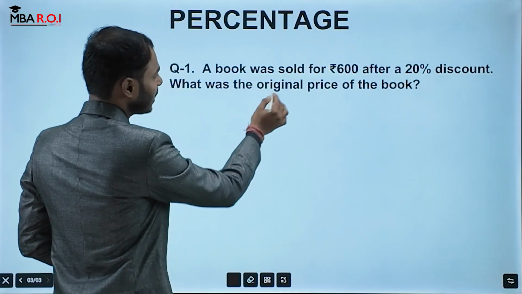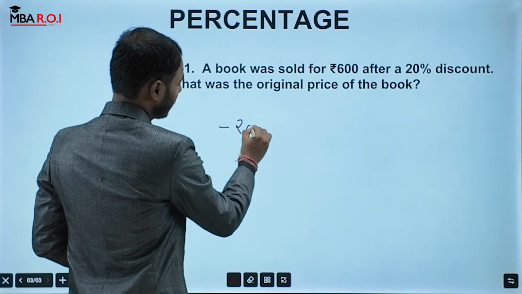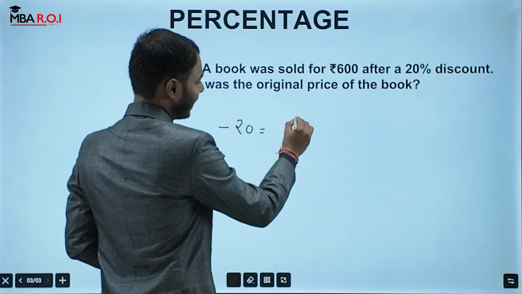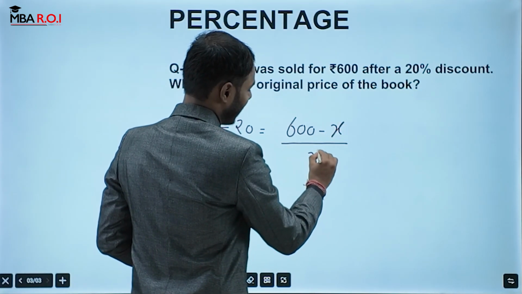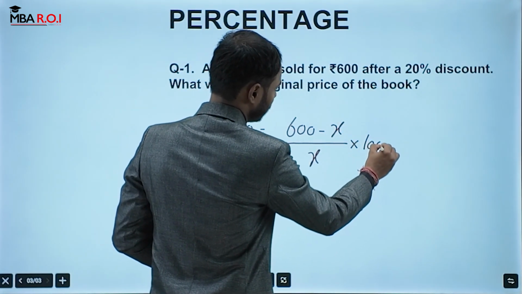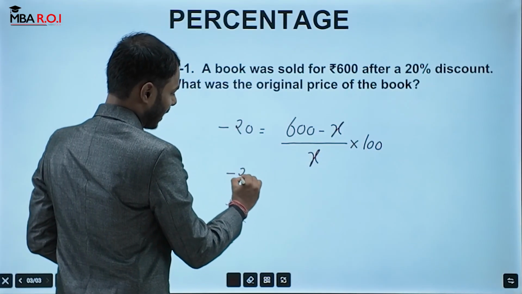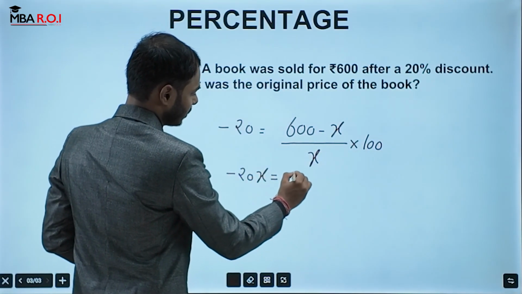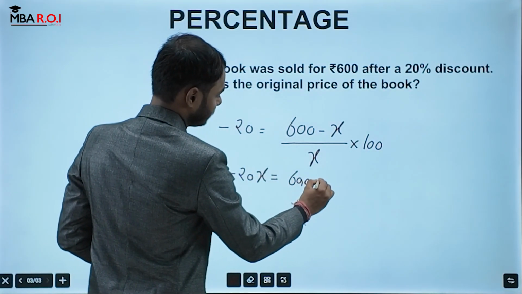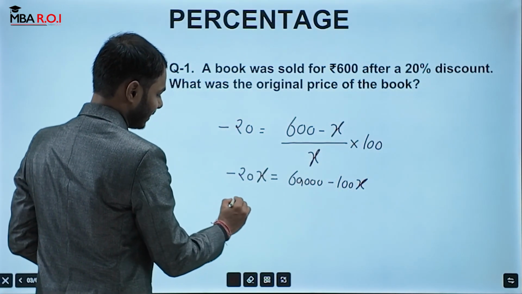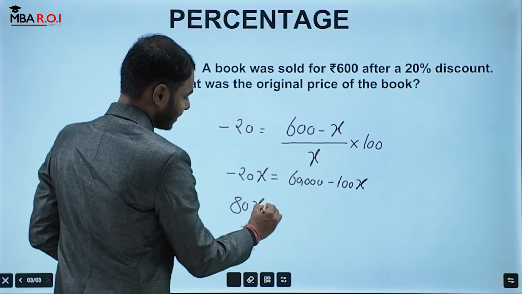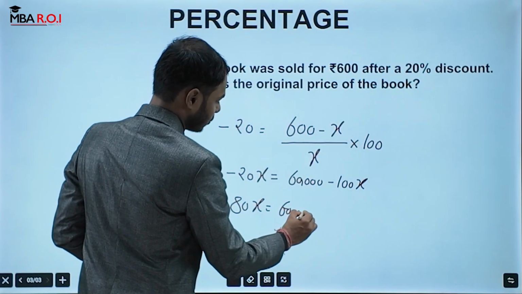So let's start. Now minus 20 will be equal to final price 600 minus initial price x, divided by x into 100. So this will become minus 20x equals 60,000 minus 100x. From this we can say that 80x is equal to 60,000.